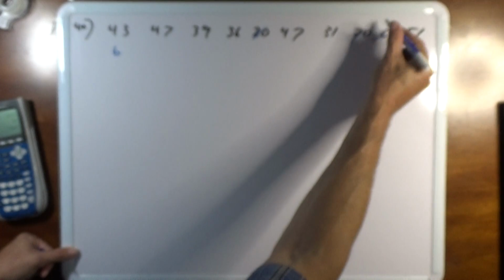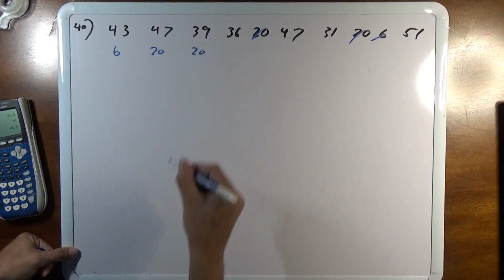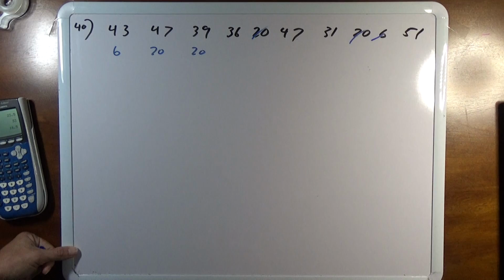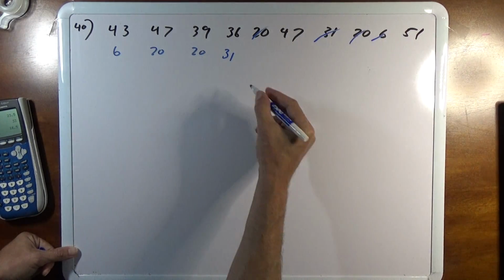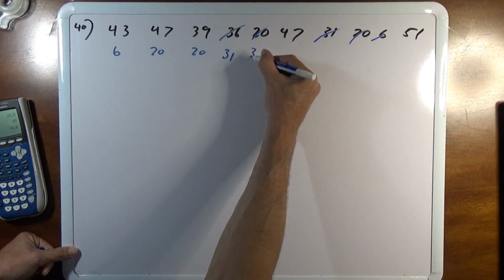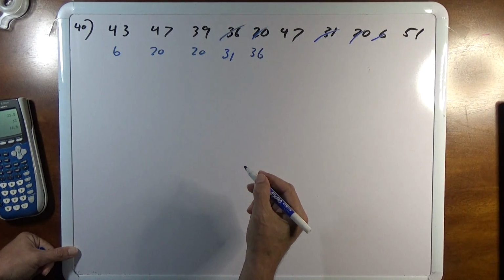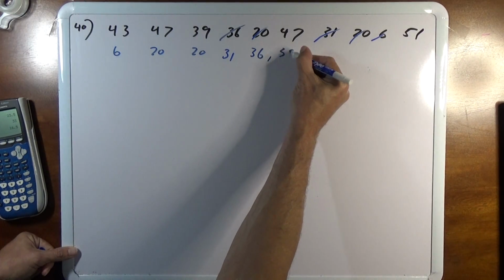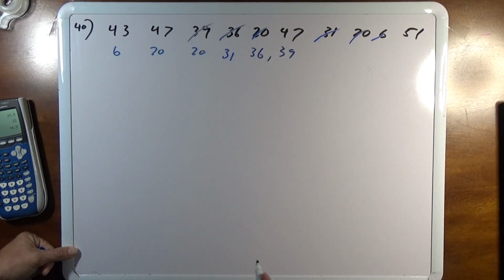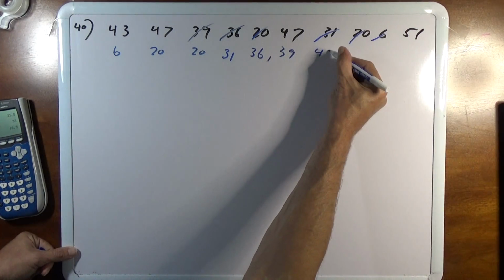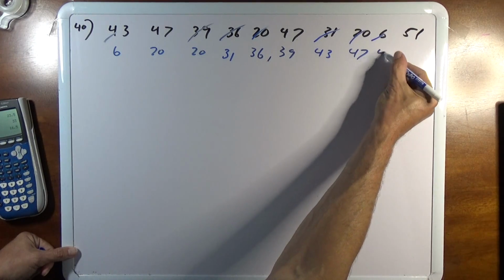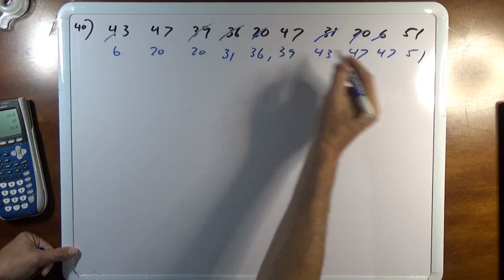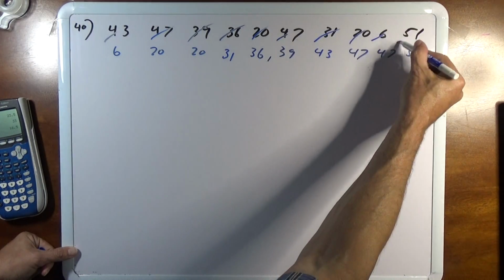26, 20, 31, 36, 39, 43, so I'll cross it out, 47, two of those, 51.